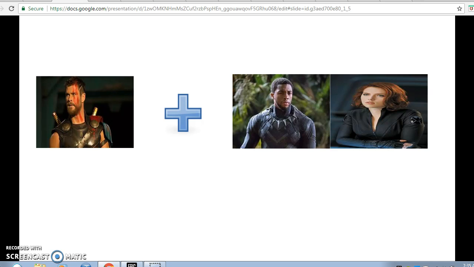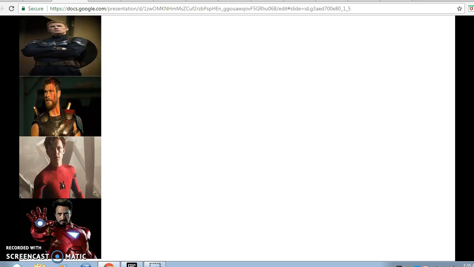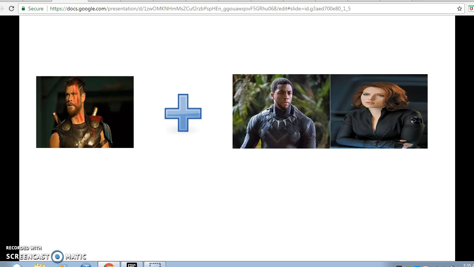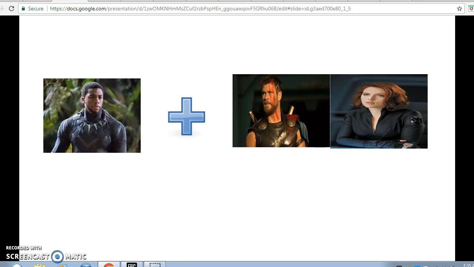So since we go back to our list that I made, you can see Thor at number 2 on the attractive list, and we can see that Chadwick is number 5. So guess what? Thor ends up with Black Widow, and Black Panther ends up by himself, because we can see that Thor was more attractive and more reactive than Black Panther.